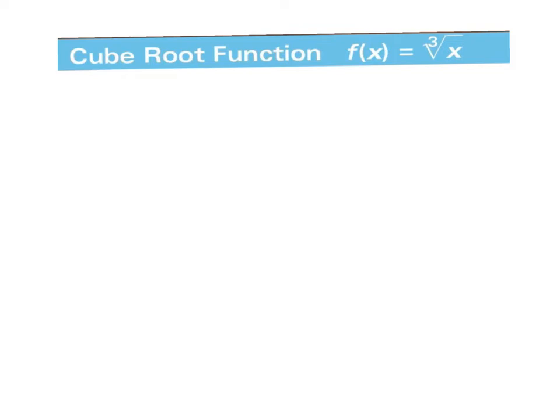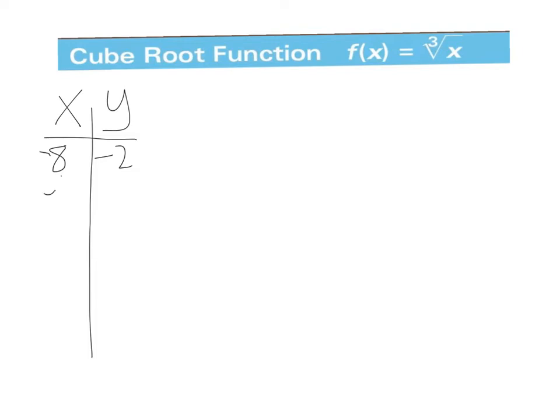Alright, the next function we're going to talk about is something we call the cubed root function. So to graph this, we can plot a table of values if you don't have a graphing calculator. Like say if you plugged in negative 8 for x, you'd get negative 2, because the cubed root of negative 8 is negative 2.